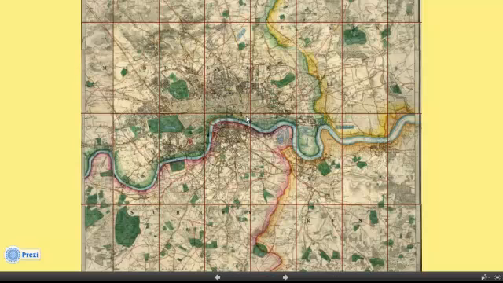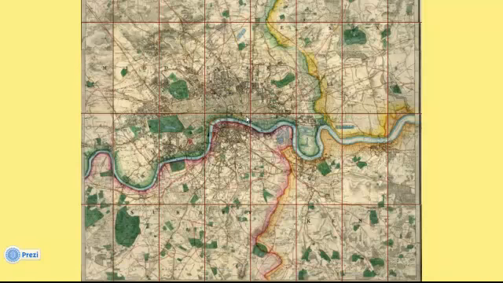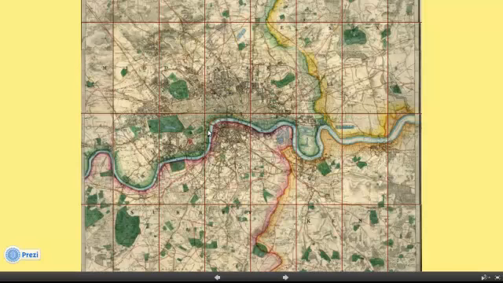When you're in London, they will talk about the city of London versus the city. The city of London takes up everything on this map, but the city is just one area. This is considered the city of Westminster. So you have all little different areas even within the city of London proper.